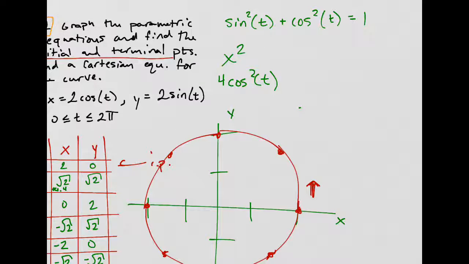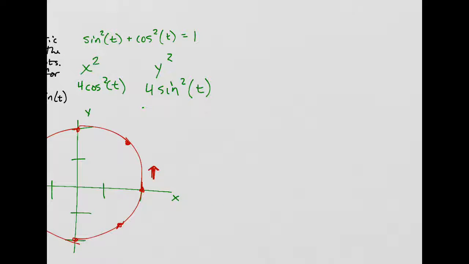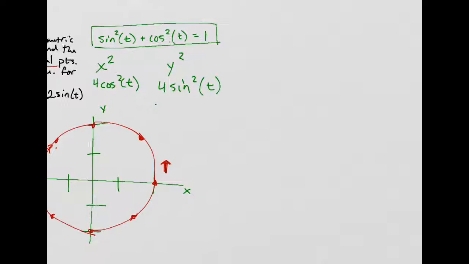And then also, y squared is 4 sine squared t. Now I'm going to try and write an equation. I remember I want to use this fact. Maybe I'll underline it or put a box around it. I want to use that.